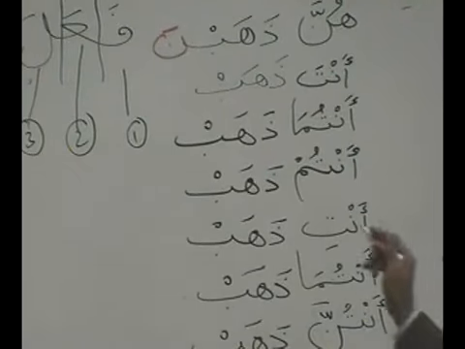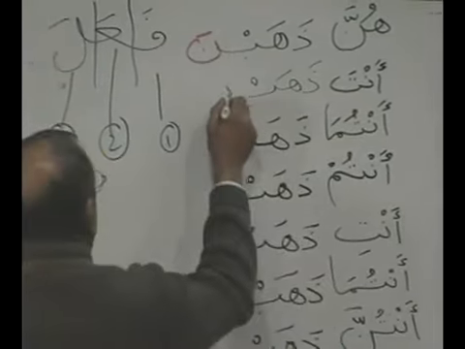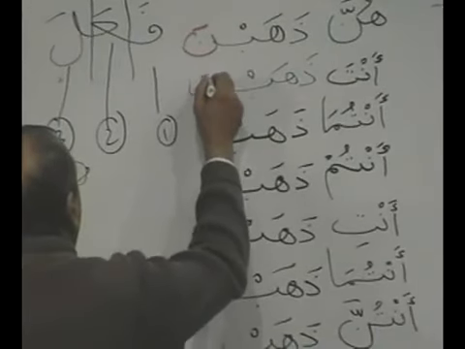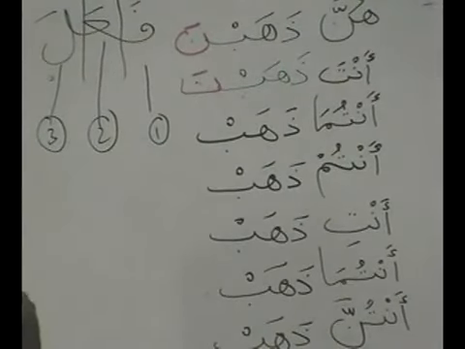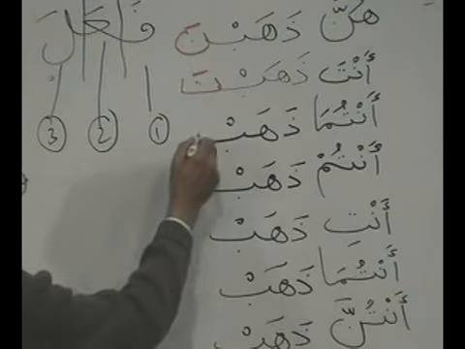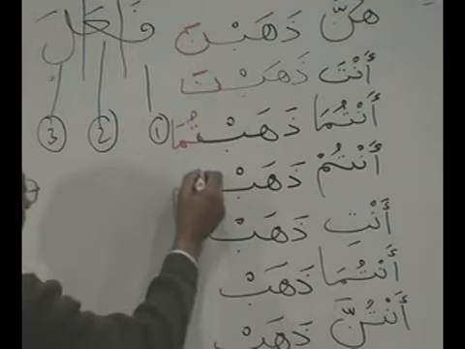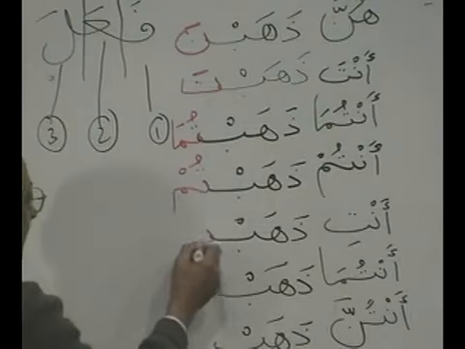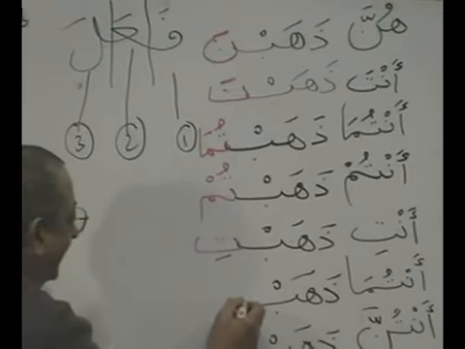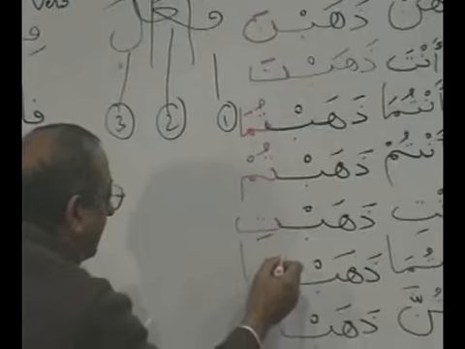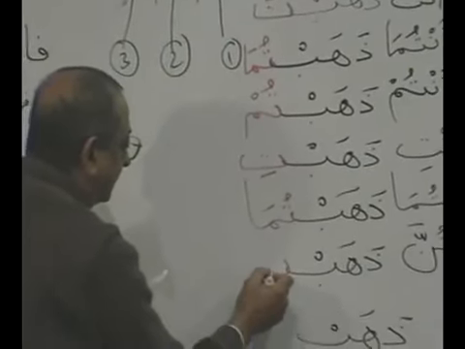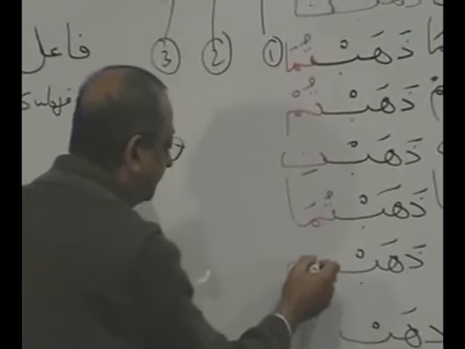And then Anta. What will happen now, brother? Zahabta. And then, brother, Tuma. And then Tum. Then Ti. Tuma. Tunna.